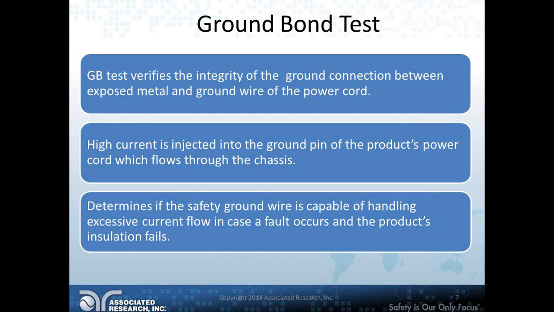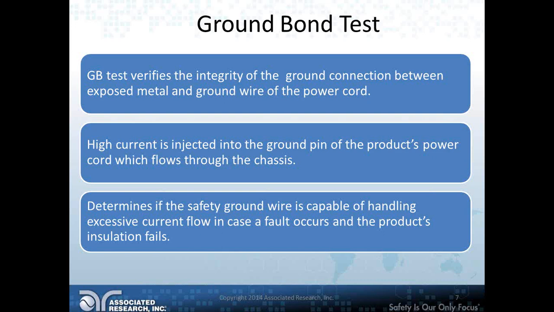So if a product's insulation fails, this low impedance ground connection should be sufficient to handle the lethal fault currents that will flow to the ground, and hence it will protect the person that comes into contact with the device's metal enclosures.